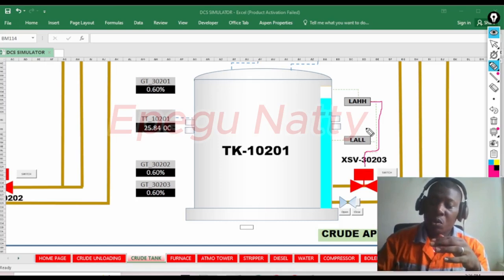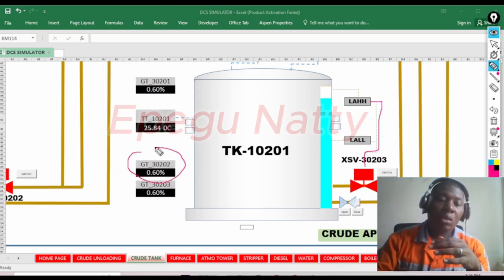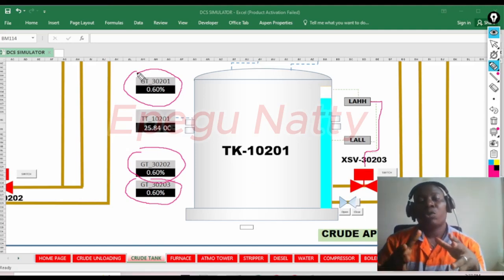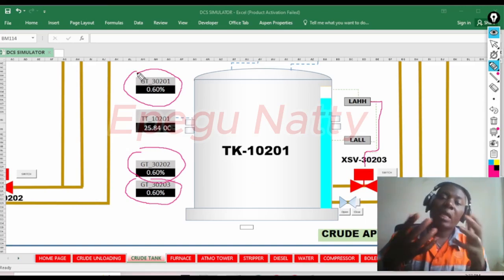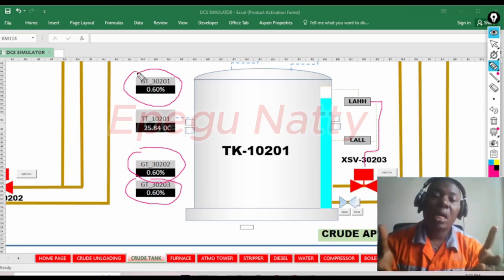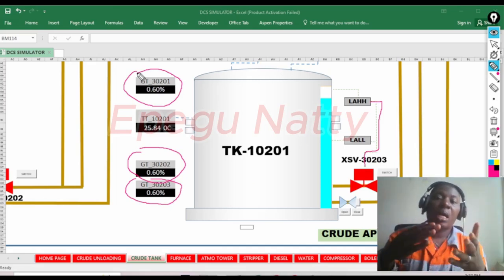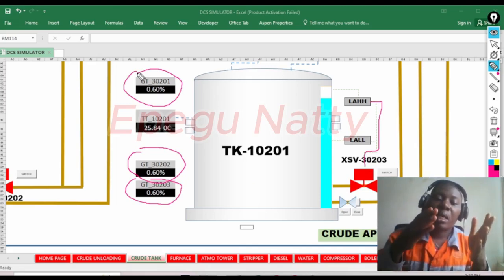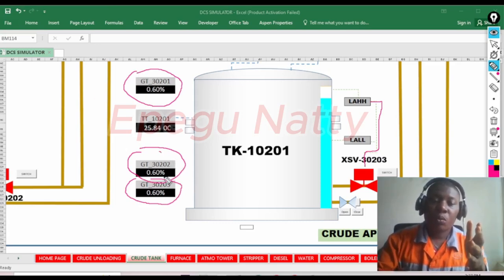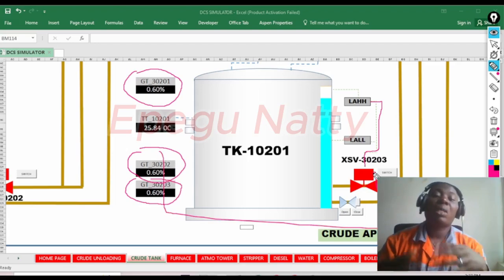Now another layer of protection is here. I have what we call the gas detectors. You have the gas detectors here, as you can see, GT, these are gas detectors. This is also a layer of protection. If there is a spill and the concentration of the gas in that area increases to a particular value, a set point, the detector is going to send a signal to the shutdown valve for it to trip.